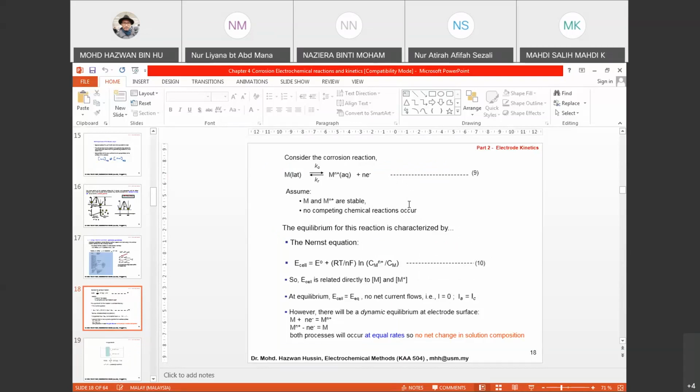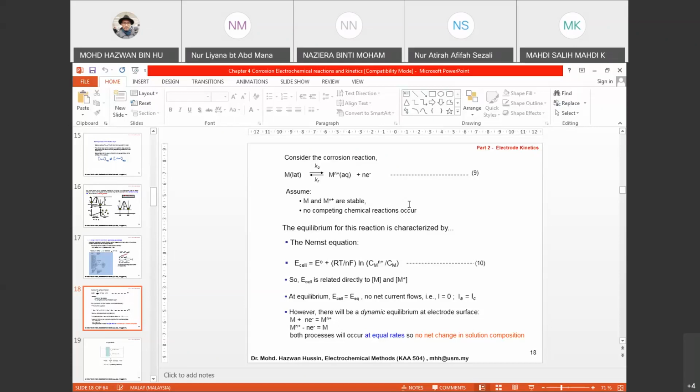Metal, double-headed arrow: the forward reaction is the oxidation process, and the reverse reaction is the reduction process that will produce metal from metal ion plus Ne, the electrons. We assume that metals and metal ions are stable, so there will be no competing chemical reactions.